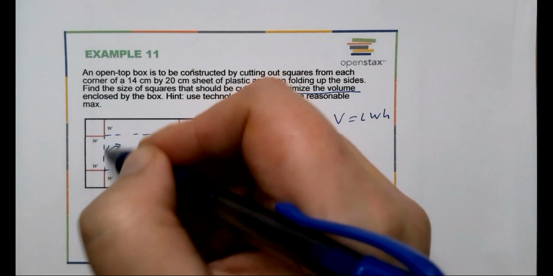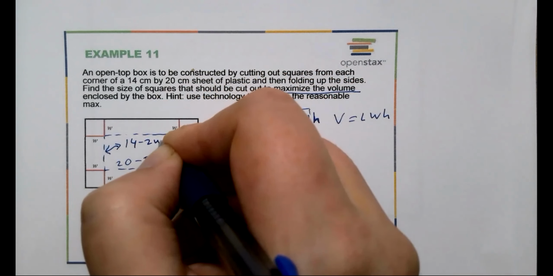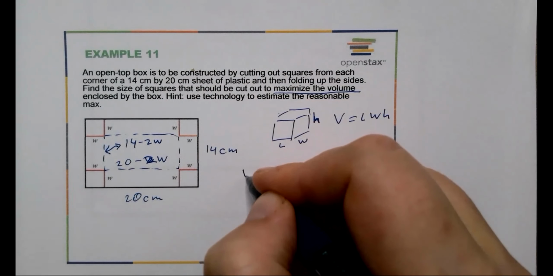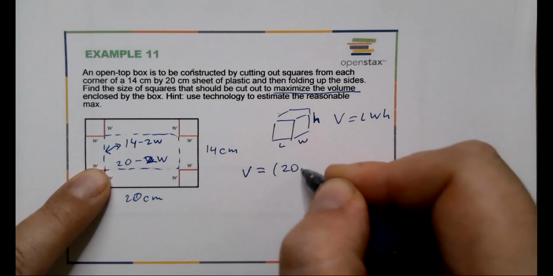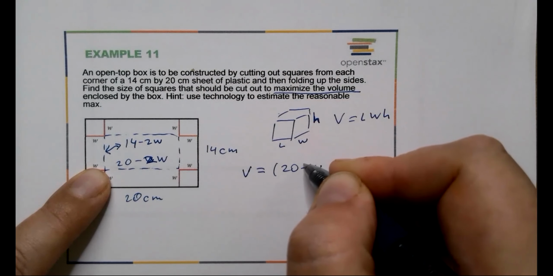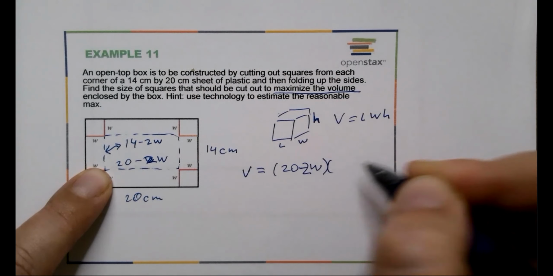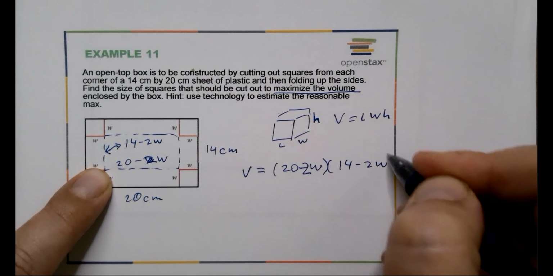We cut out W and W, so it's going to be 14 minus 2W. So our volume here is the length, 20 minus 2W, multiplied by the width, 14 minus 2W.